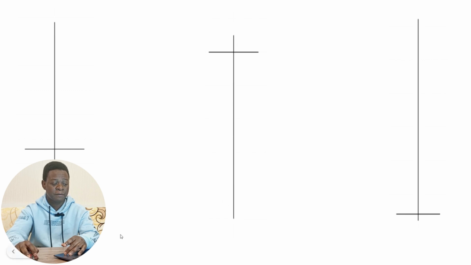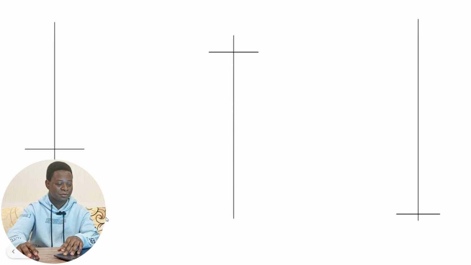So if this has been an uptrend, we printed a bullish candle here, and we get such a massive doji, and it closes up here, you would be a fool not to get out of this market if you are buying. Let's just think about it. It's an uptrend, right?